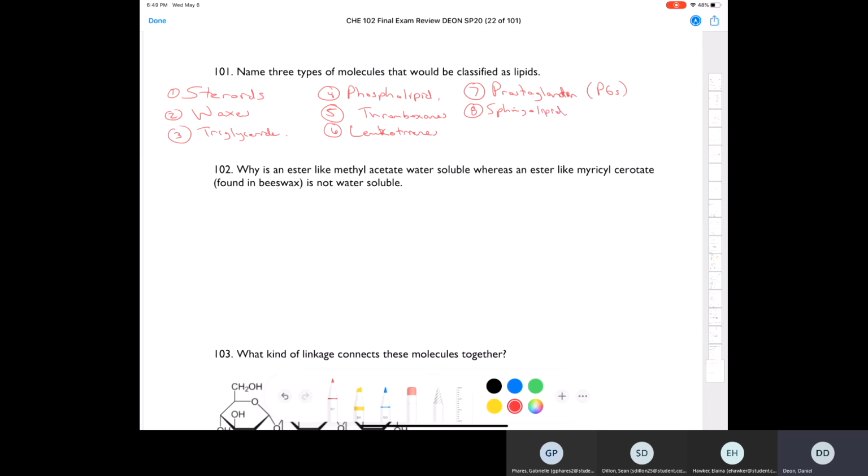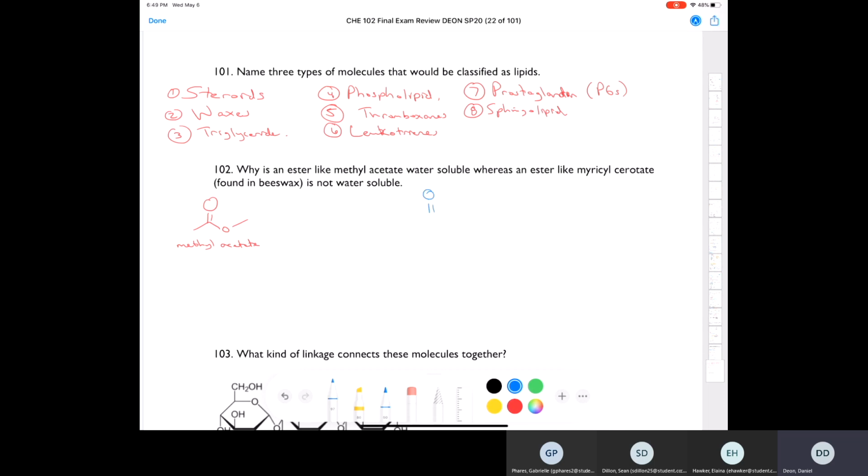Whatever. Let's move on. Question 102 says, why is an ester like methyl acetate water soluble, whereas an ester like myricyl cerotate found in beeswax is not water soluble? So let's draw a methyl acetate. So if I have the acetate and methyl, so this is methyl acetate, and you should know how to draw small esters. So I'll draw the structure.